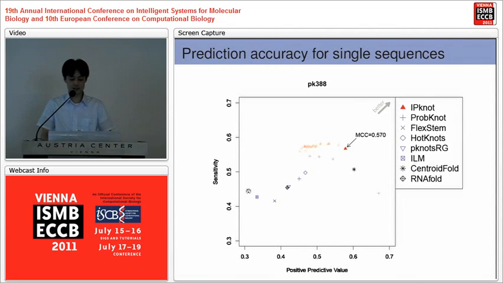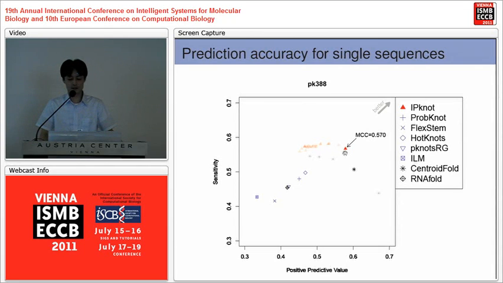This figure shows the PPV sensitivity plots for respective algorithms on the PK388 dataset. A point which is near to the top right corner means better accuracy. These triangles in red are the accuracy of IPknot, changing the weight parameter gamma, which controls the balance between PPV and sensitivity.